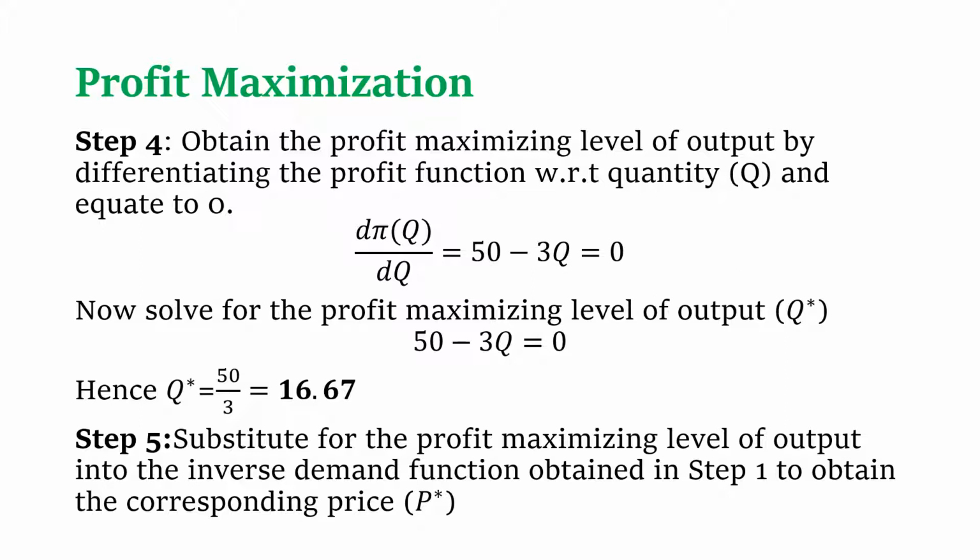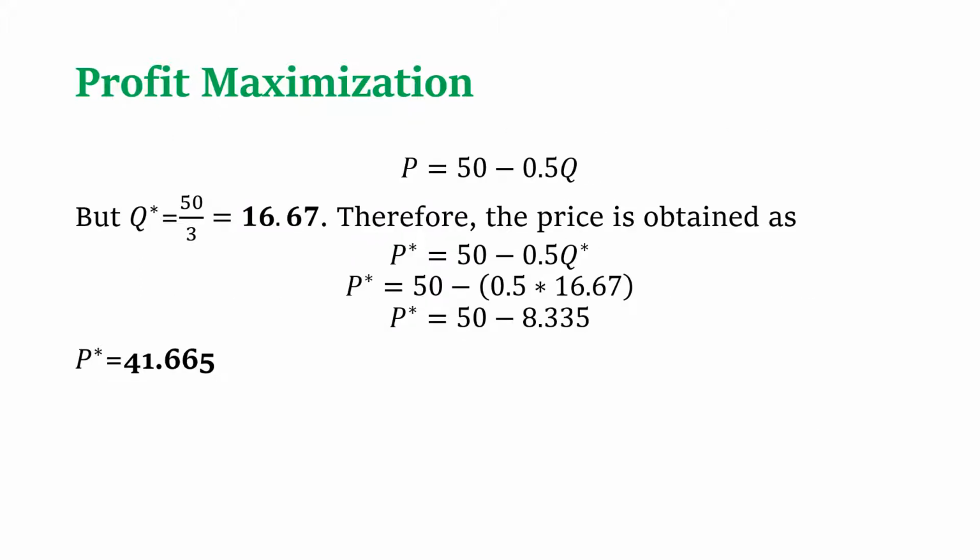Now, substitute the profit maximizing level of output into the inverse demand function. So remember, we had the inverse demand function, which was given as P equals 50 minus 0.5Q, right? Now, we now have Q star. Just take that value and plug it into the price. So P star equals 50 minus 0.5Q star.